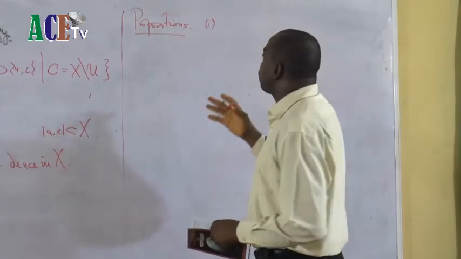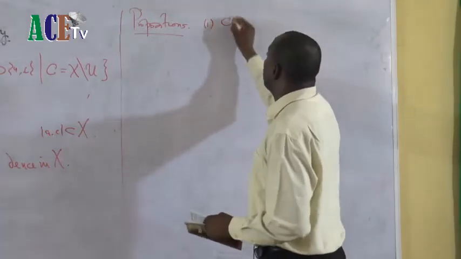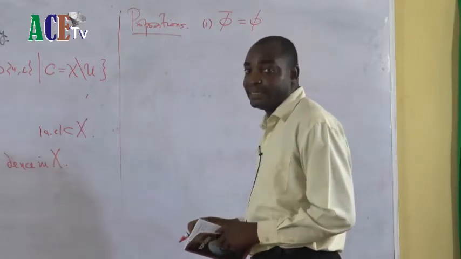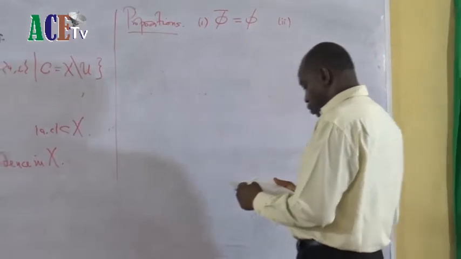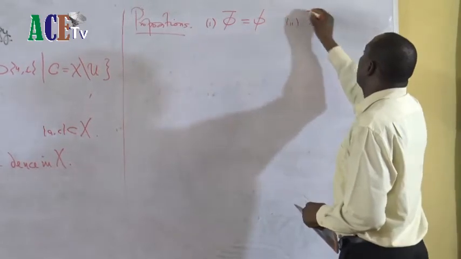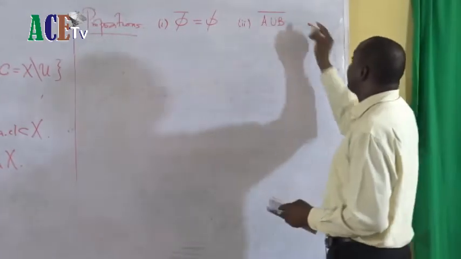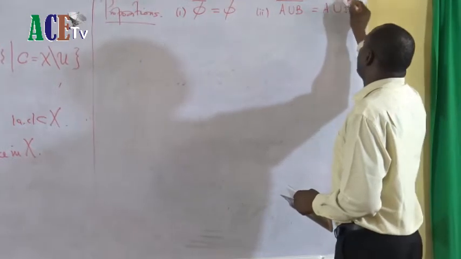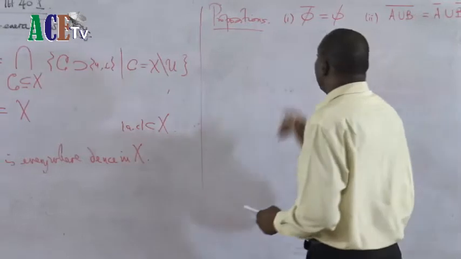Now, we want you to look at this claim. Number 1: the closure of the empty set is the empty set. Number 2: we'll also look at the closure of a union. Can we say that this is equal to the union of the closures of the two sets?